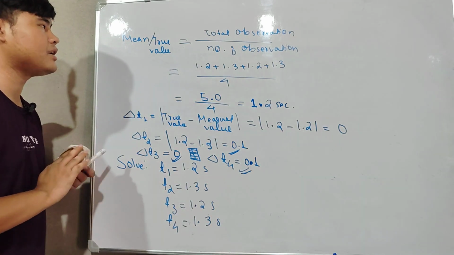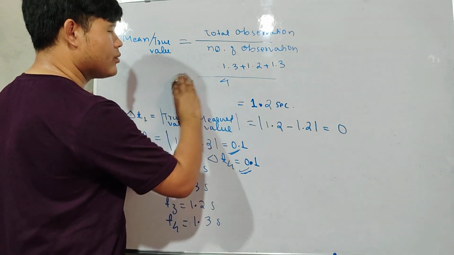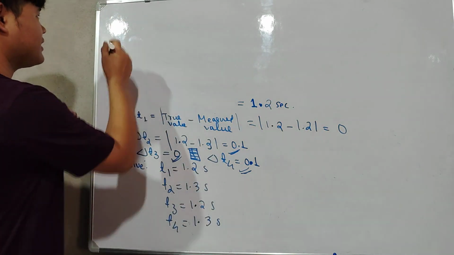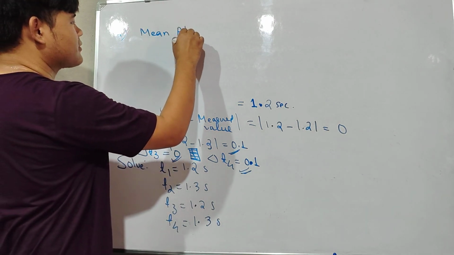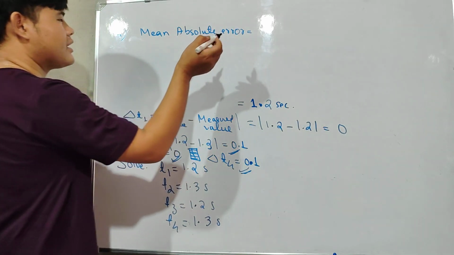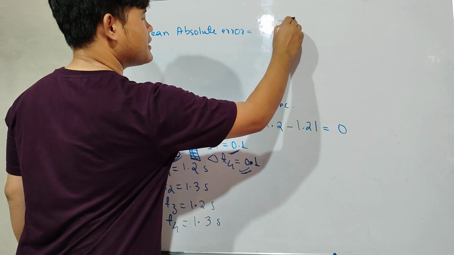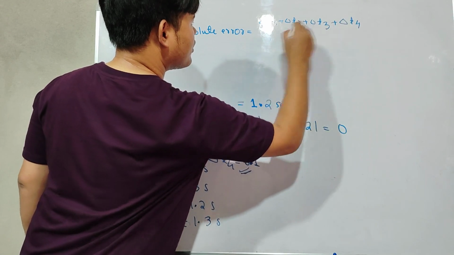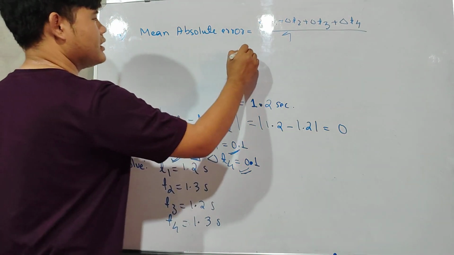Now we have to find the mean absolute error. This is our true value. Number A: mean absolute error. So mean absolute error means what? The total of the errors, del T1 plus del T2 plus del T3 plus del T4, divided by the number of observations, which is 4.